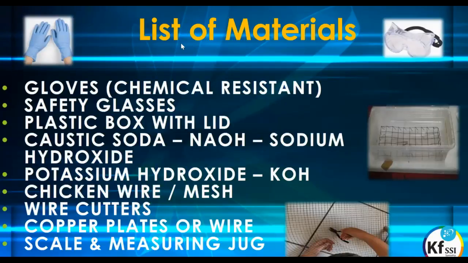If it touches your skin, it causes burns. If it touches your eyes, it can cause blindness instantly. But if you handle it with care, you will have no problem. We all learn to handle fire, but we don't put our hand in fire. Same with caustic. If you know how to handle it, it's no problem.